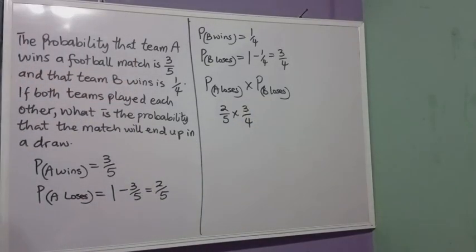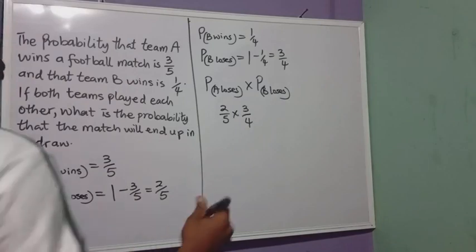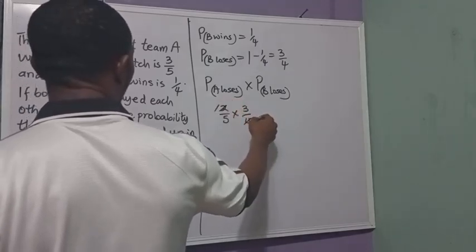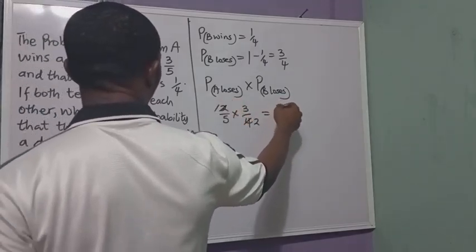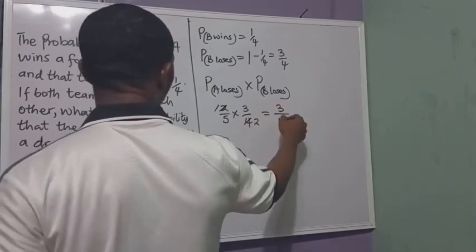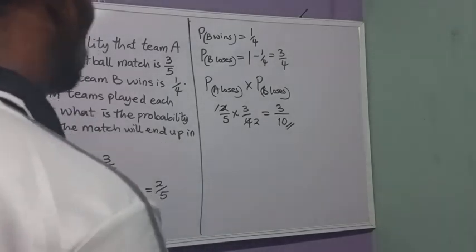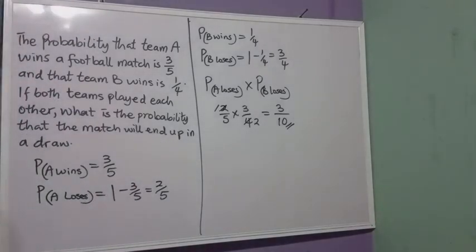Dividing 2 by 2 gives 1 and 2, which gives us 3/5 times 2, 10. So the probability that the match will end in a draw is 3/10.